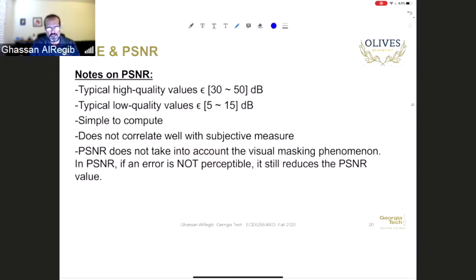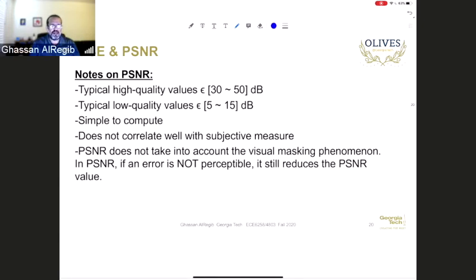But MSE, or PSNR, compares point by point. In general, the correlation with the human vision system is very poor.